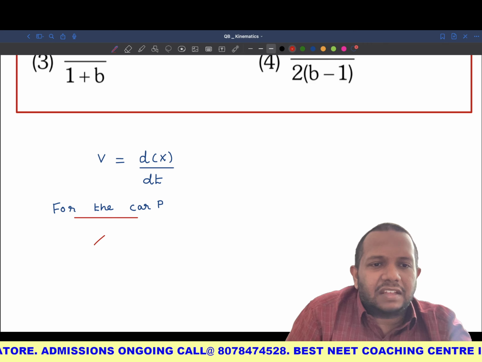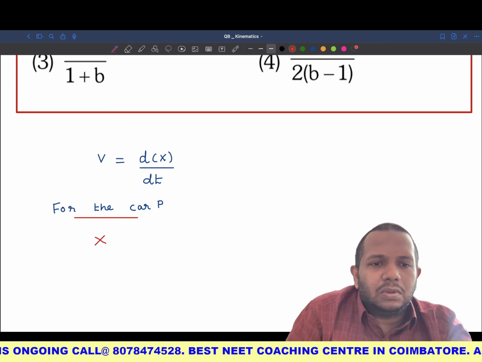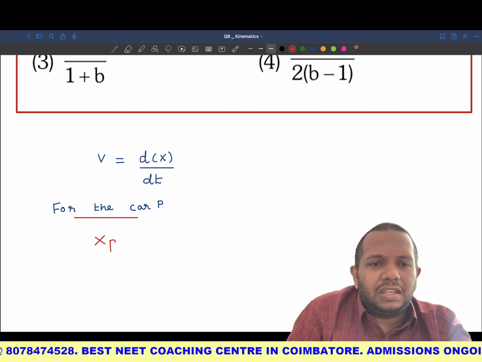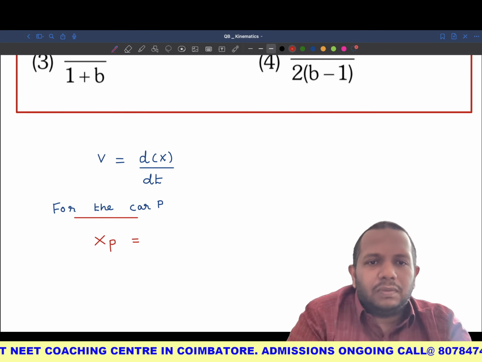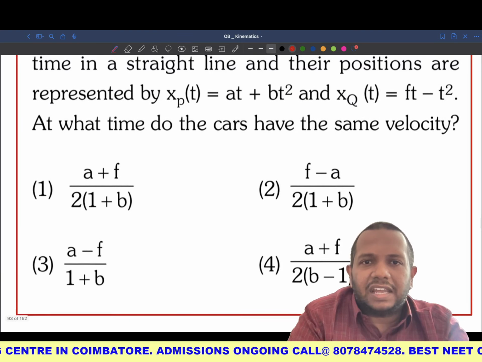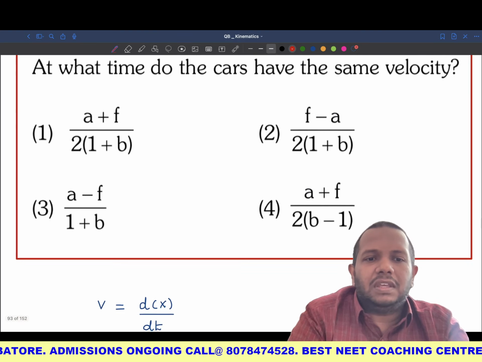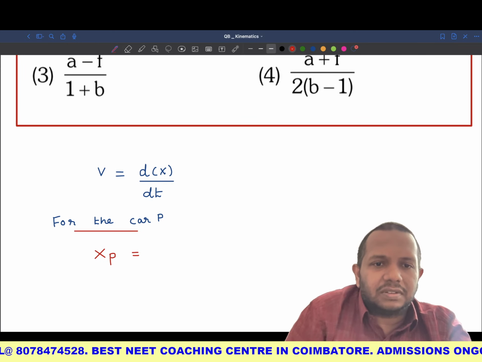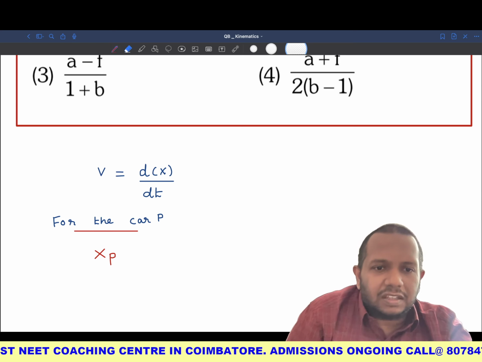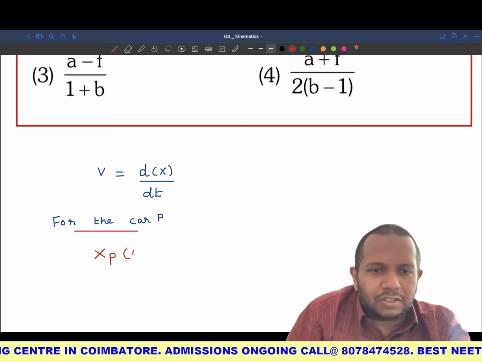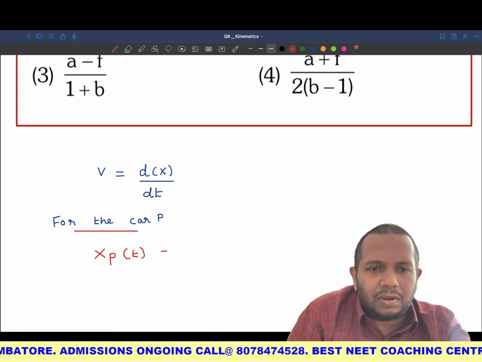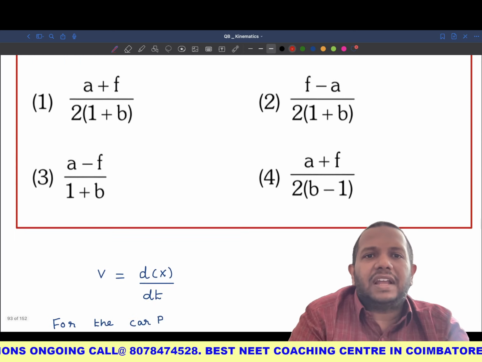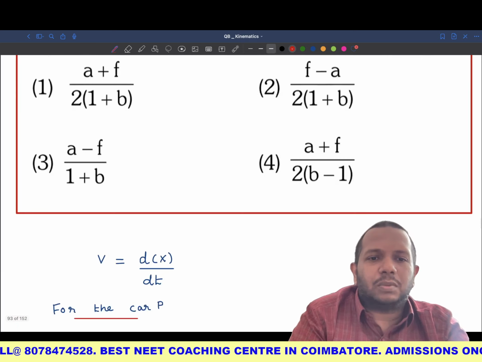So we know that xp is equal to, we are not in a hurry, we will take time and do it. Okay, xp of t is given as, because it shows it is a function of time, at plus bt square.